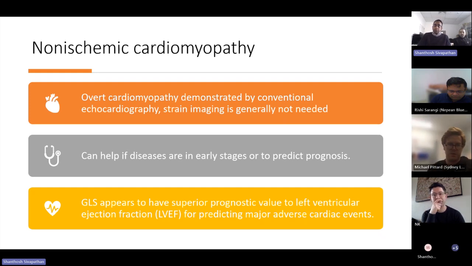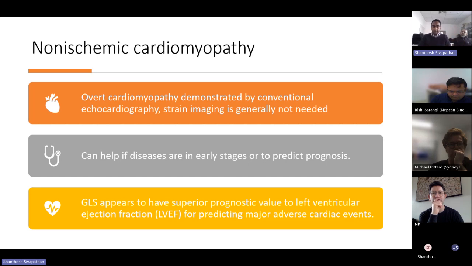When we talk about strain in non-ischemic cardiomyopathy, it's not really used overtly to diagnose it. That's still based on your Simpson's biplane, but it is helpful in detecting subclinical or early disease. There are patients where the LVEF is normal and the GLS is reduced, and I say, hang on, this is not right. Nowadays, because of MRI, I'm able to send them for a cardiac MRI, and the ejection fraction is reduced.